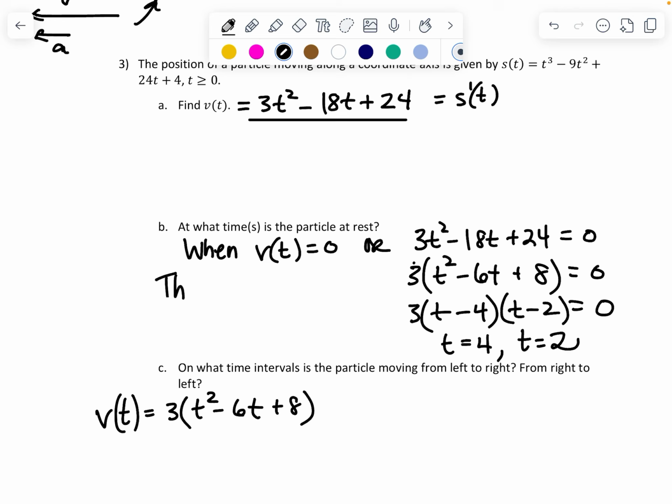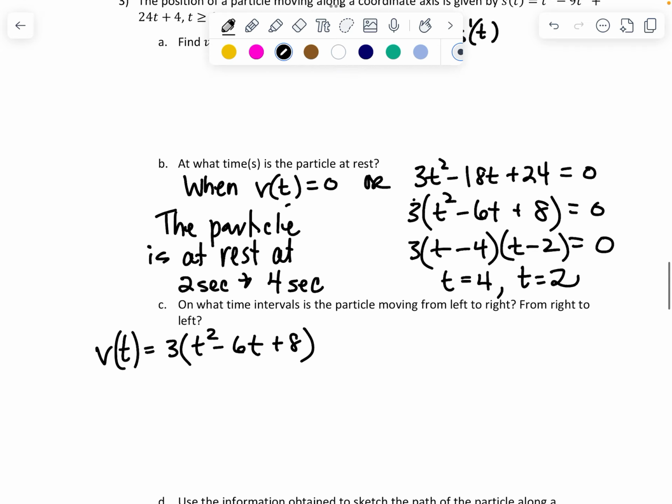So the particle is at rest at 2 seconds and 4 seconds.